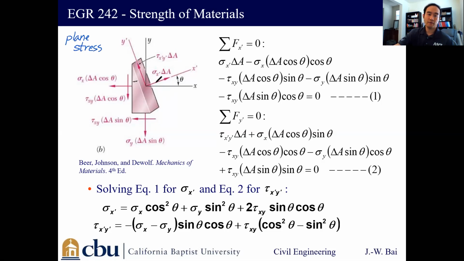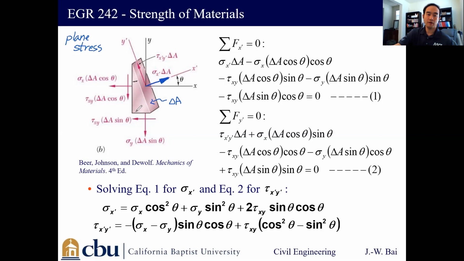Then we will have only two stresses on each plane, each surface. In this case, we express it as a force, and force is going to be the stress times the cross-sectional area, right? So let's say this side area is going to be delta A.